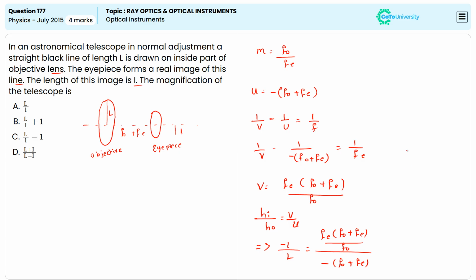Then we get the answer f0 by fe is equal to L divided by small l. Then we can write this is the magnification of the telescope. Then m is equal to L divided by small l. This is in option A, we can see this answer. So option A is the right answer.